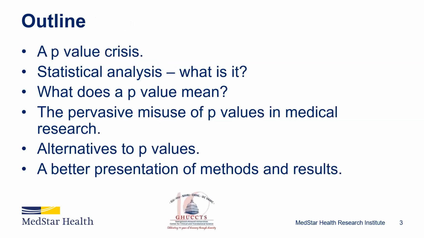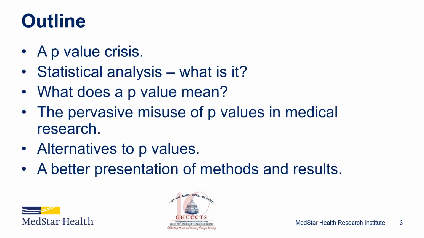What I want to talk about today is primarily what statistical significance means. And when you calculate a p-value, what does that mean? I started out by saying that there's a p-value crisis, and I'll try and explain what I mean by that.